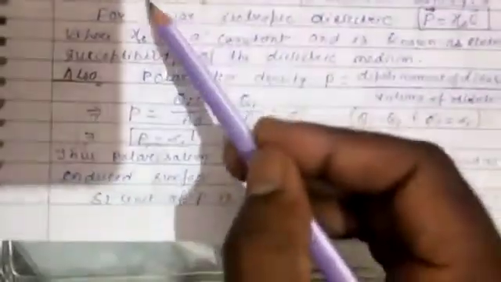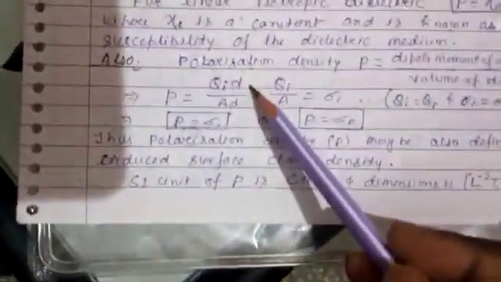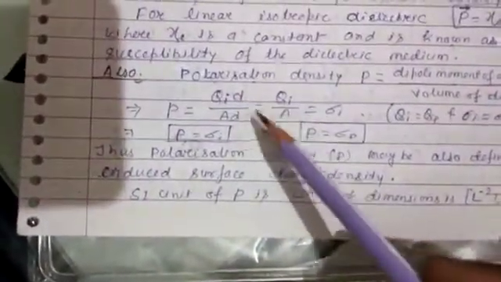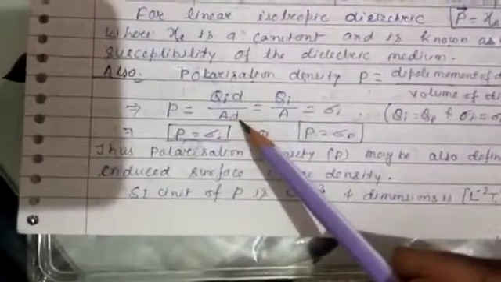Also, we have defined the polarization vector P as the dipole moment per unit volume, and its magnitude is referred to as polarization density. So polarization density P equals the dipole moment of the dielectric over the volume of the dielectric. The dipole moment equals charge into the distance between the two, and volume is area into distance.